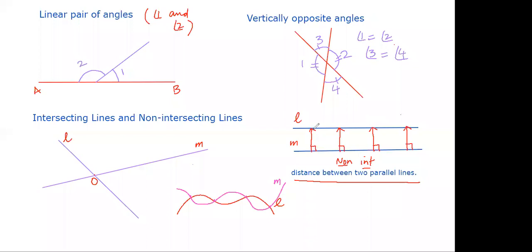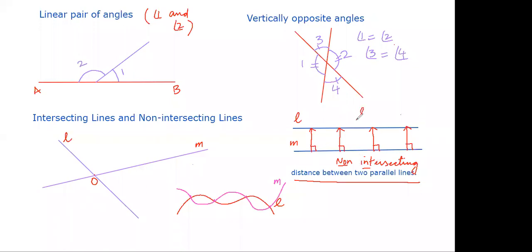Once again, L and M are non-intersecting lines. If two lines are non-intersecting, means now you see this line is extending towards infinity from both the sides, and at no point they intersect. This means line L and M are non-intersecting.